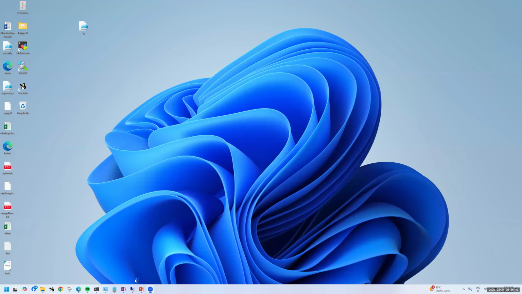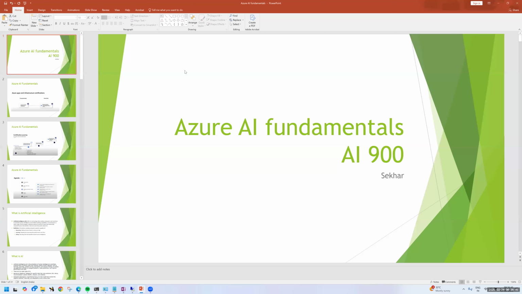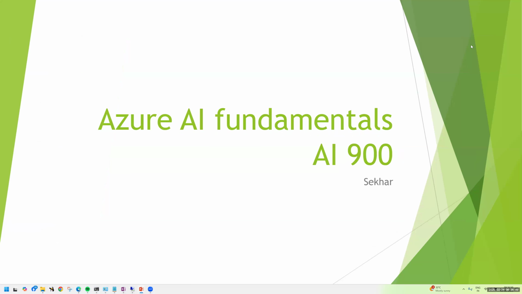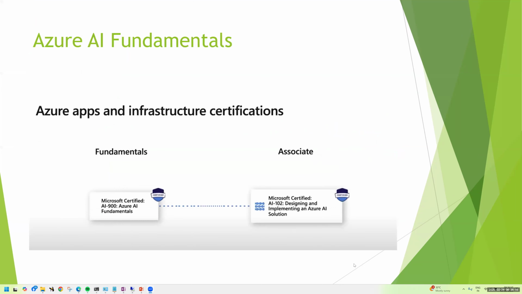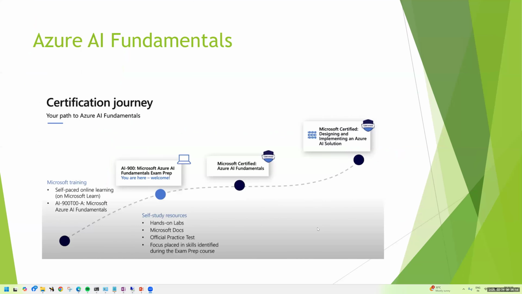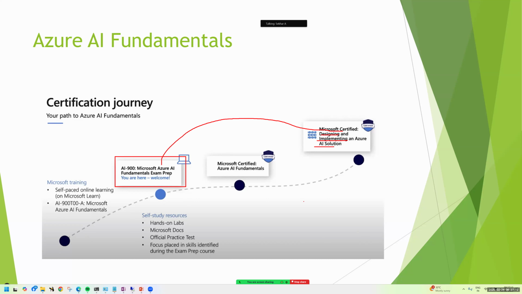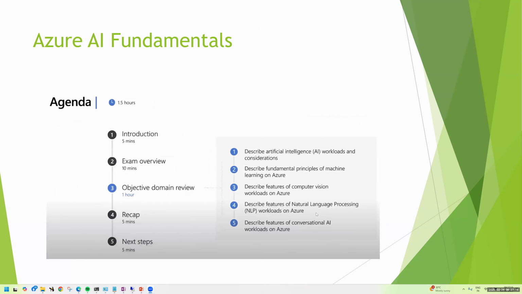On this slide is the Azure AI fundamentals and the roadmap of certification, how we can cover it. First is Azure AI-900. Once you have the AI-900 fundamentals certification, then you can move to Microsoft Certified: Designing and Implementing Azure AI Solutions. So this is the path.